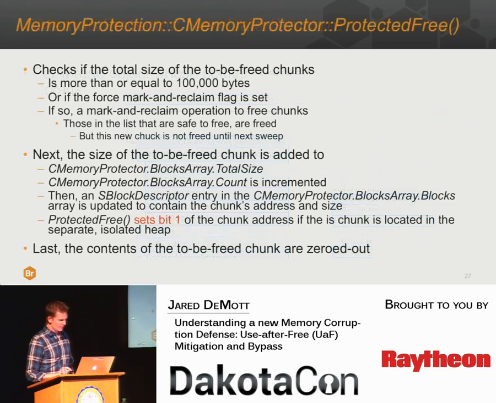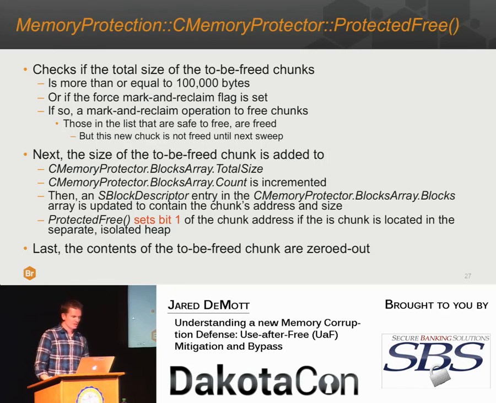So there's this protected free function which will run when you free an object. If the size of all the chunks you have now is greater than 100,000 bytes, that's when we'll call the mark and reclaim. Or if this mark and reclaim flag is set.